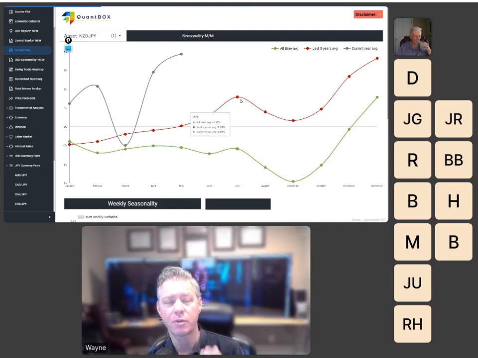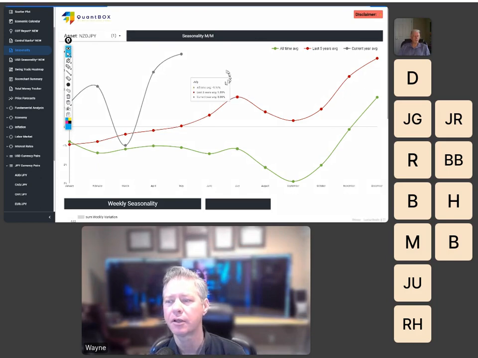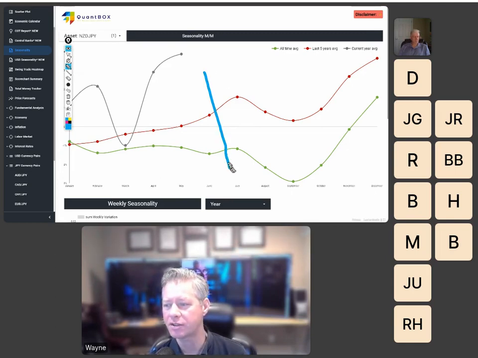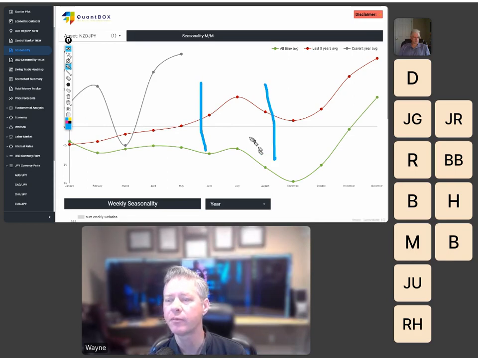So here's what I could do: I create a window of opportunity. QuantBox might be bullish in general. But then I could look in here and say, well, there's a window. Those are supposed to be vertical, right? Really a window between here and here. So between June and let's say August, it's almost certainly going to fall.